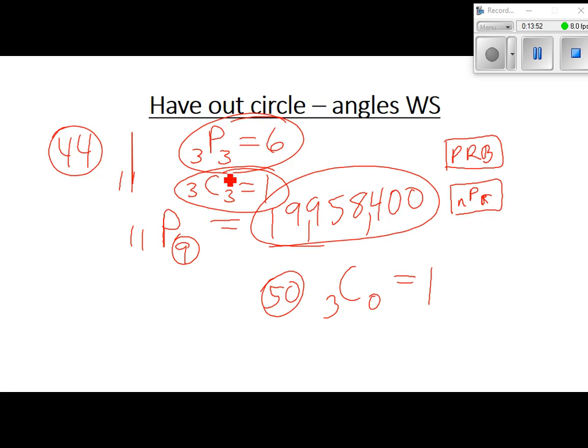Permutation is how many different ways I can stack these books. That's a different permutation than that, and that's a different permutation than that. But if I'm doing combinations, I'm saying I'm going to pick 3 books out of this stack. What 3 books am I going to pick? Those 3, because there's only 3 there, so there's only one way I can do it.